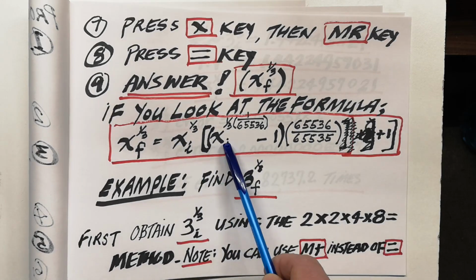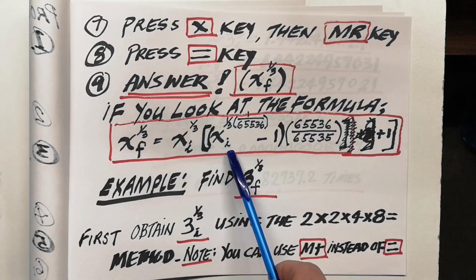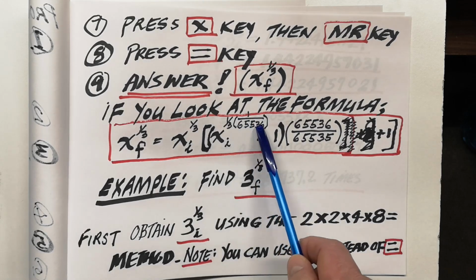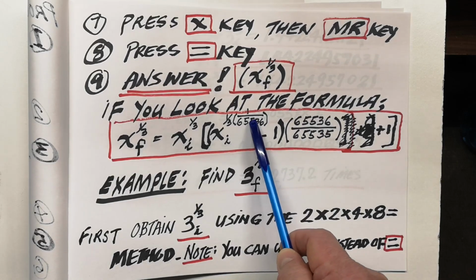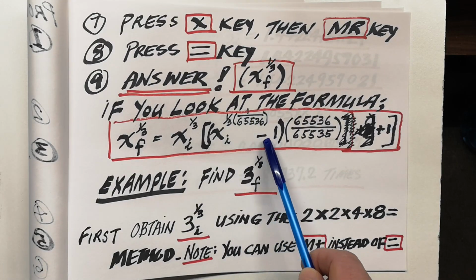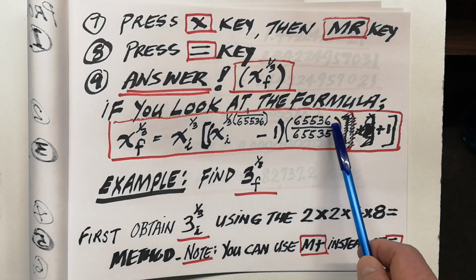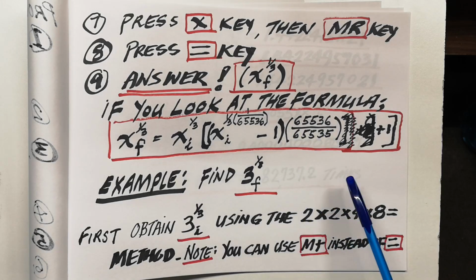Then this cube root of xi, you raise it to the 1 over 65536 power. That's by pressing the square root key 16 times. Then you minus 1. Then that quantity you multiply by the ratio of 65536 divided by 65535.